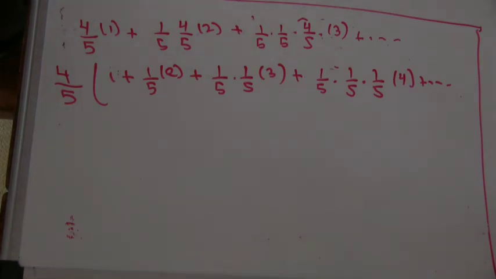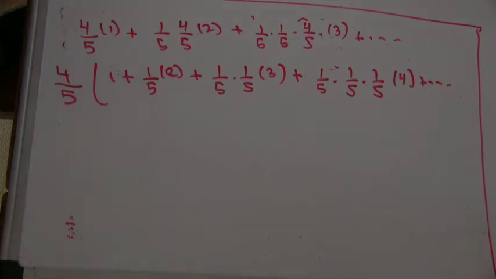So 1 plus 2/5 plus 3/25 plus 4/125, dot dot dot. Well, we know the terms are going to go to 0 pretty quickly.